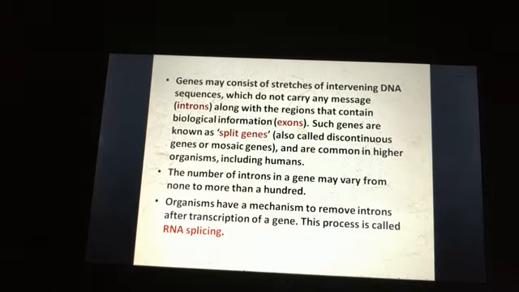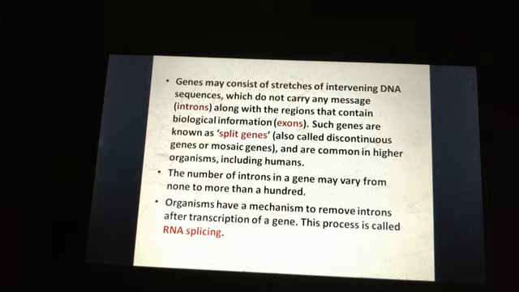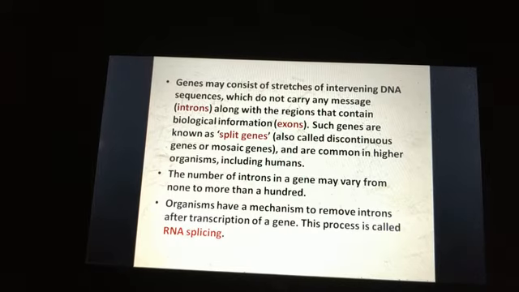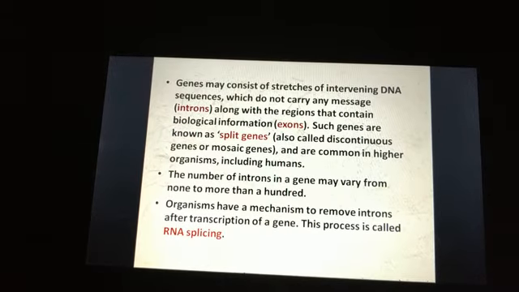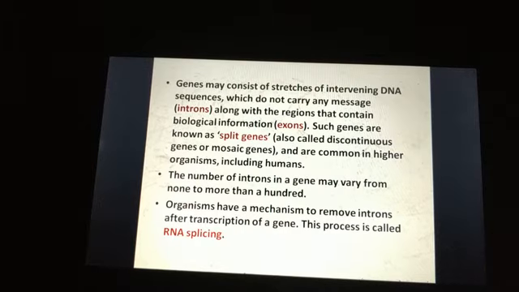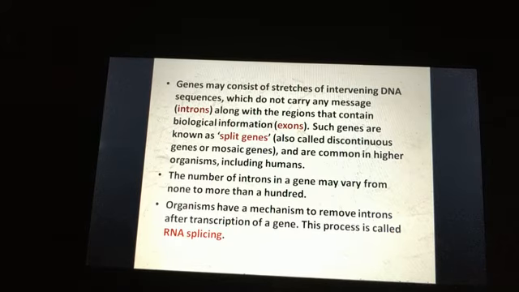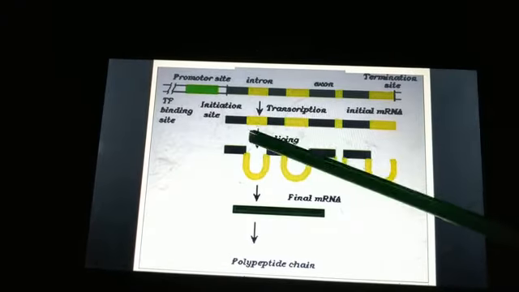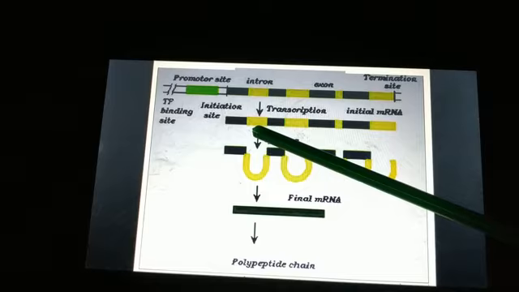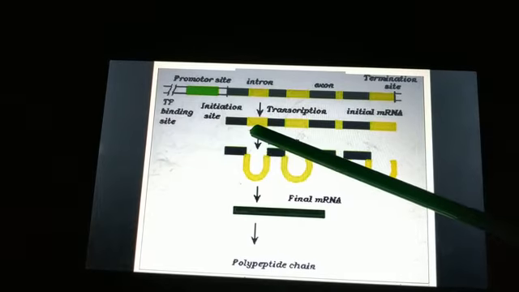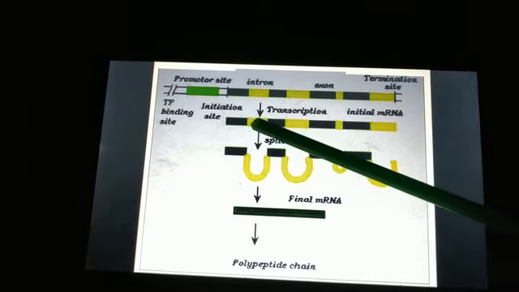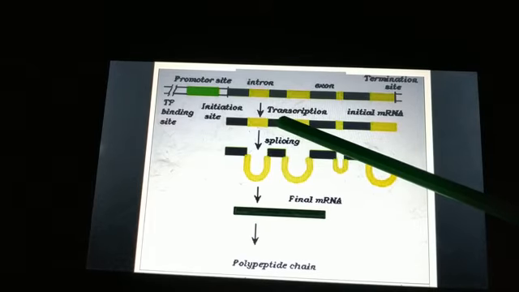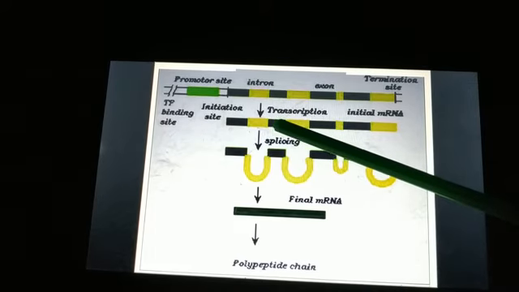The number of introns in a gene may vary from none to more than 100. Organisms have a mechanism to remove introns after transcription of a gene, and this process is called RNA splicing. See here students, introns are not needed since they do not carry any message or information. We don't need this part. We only need the exon, which carries the biological information, right?